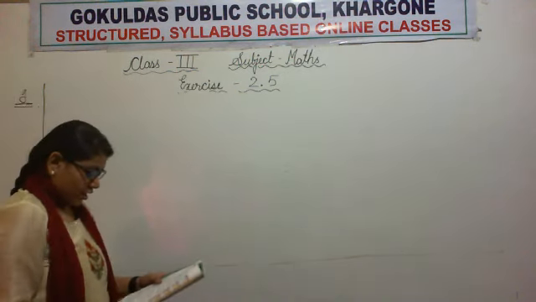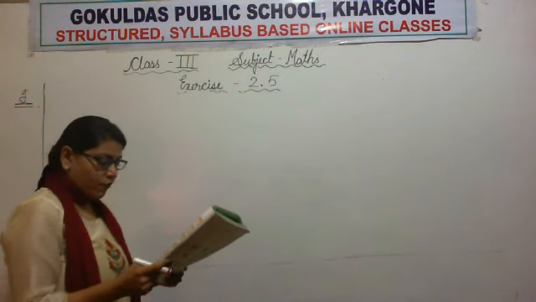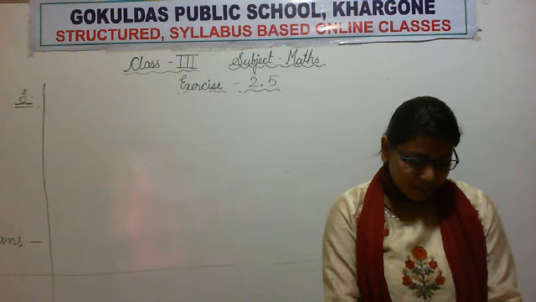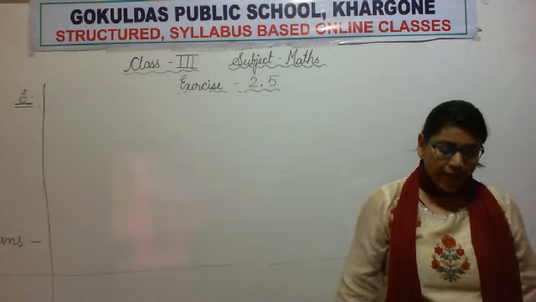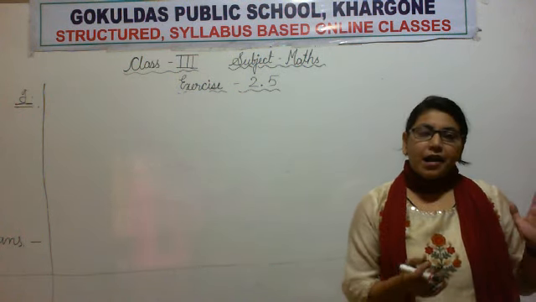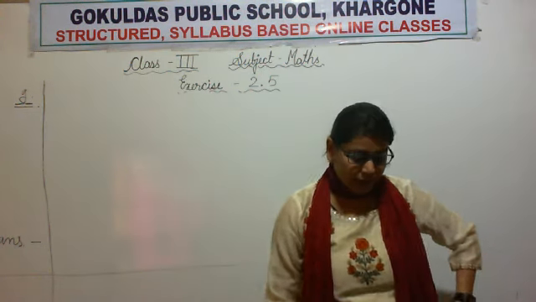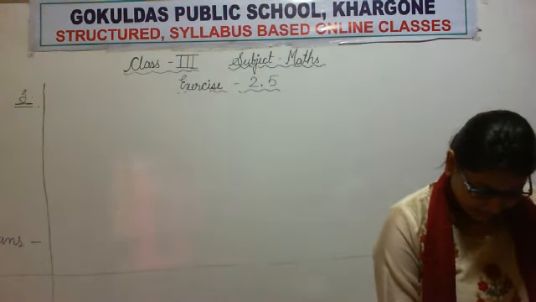Okay. The question is, Sonia got 125 rupees, 215 rupees and 95 rupees from her father, mother and grandmother respectively for a fair.